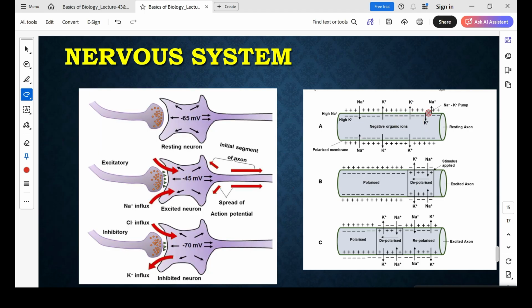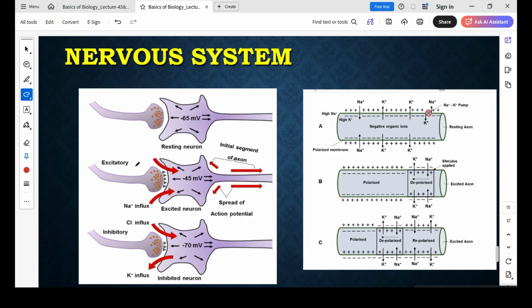Okay, so the type of signal that comes from the impulse can also determine what kind of potential is generated inside the next neuron.